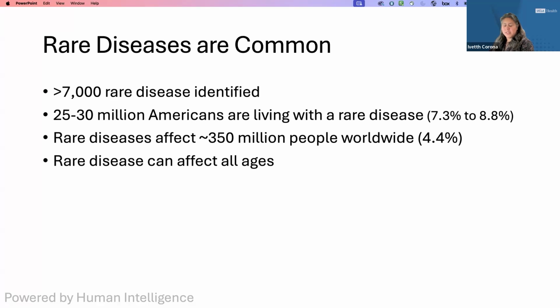I actually joined the UDN around 2022, and I was not in this area of rare diseases and human genetics. So you sometimes think of a genetic disease as something where somebody is born and then it's onset in infancy.